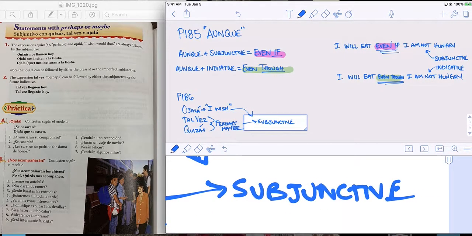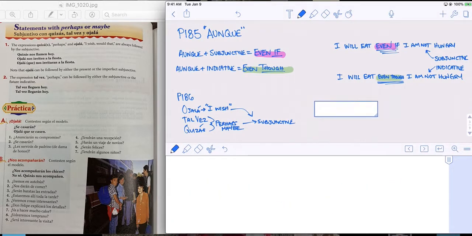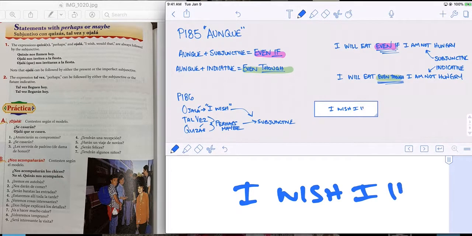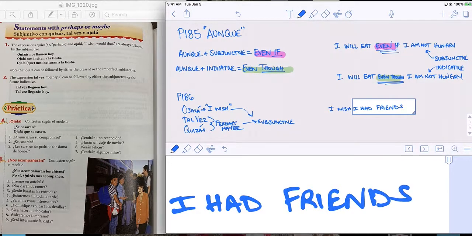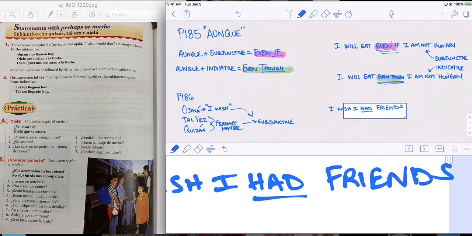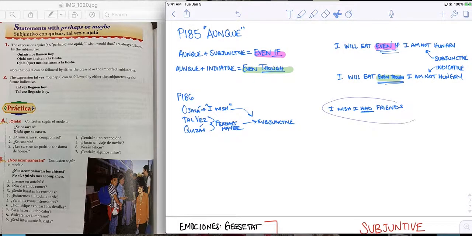So if you're wishing for something in the past, I wish I had friends. The had would beg the past subjunctive. Whereas if you wanted to write the same exact sentence, in the current scenario, I wish I have friends.